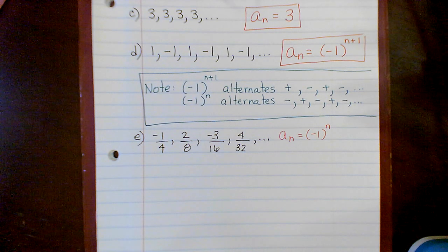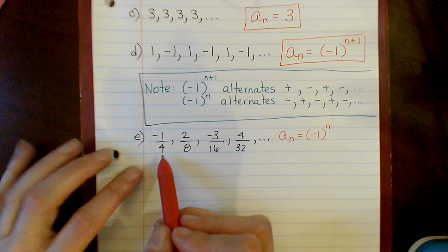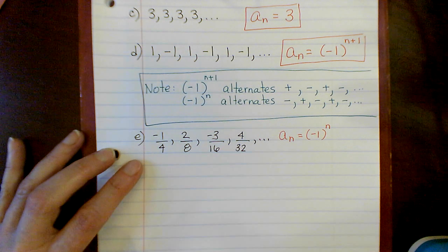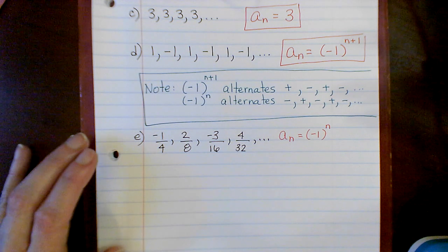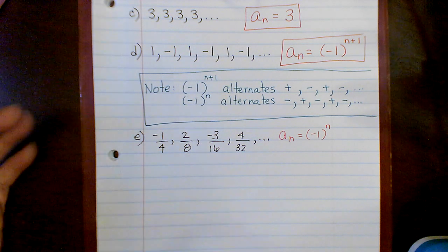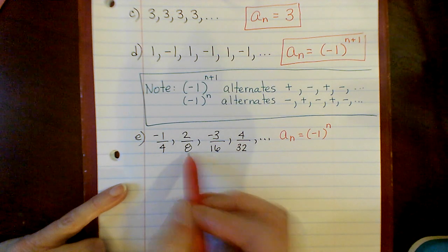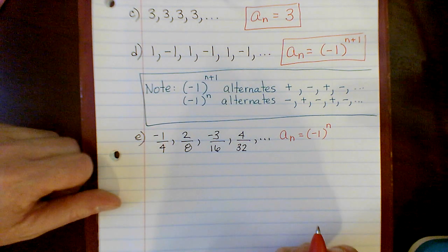Now, how am I going to get the rest of this stuff? Well, let's notice what's happening in the bottom here. We got 4, 8, 16, 32. Kind of looks like it might be 4 times something, right? We got 4 times 1, 4 times 2, 4 times 4, 4 times 8. Okay, that's a little weird, so maybe it's not that.